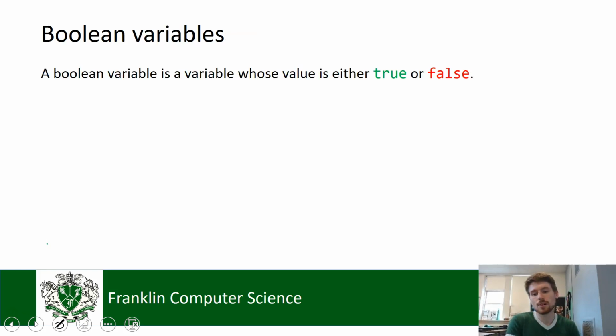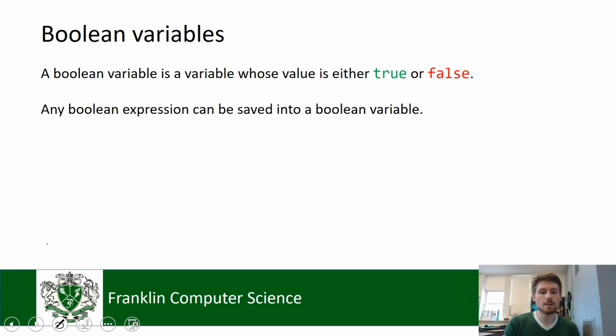Another thing you can plug into that test is a Boolean variable. A Boolean variable is a variable whose value is either true or false. Any Boolean expression can be saved into a Boolean variable, just like any string literal can get saved into a string, and any number expression can be saved into a number, and so forth.